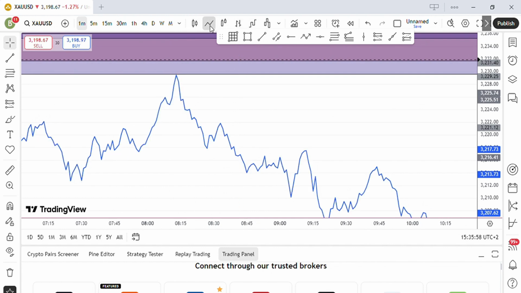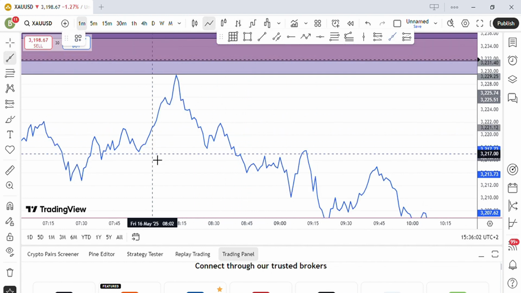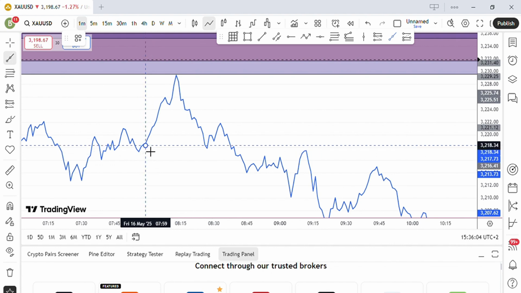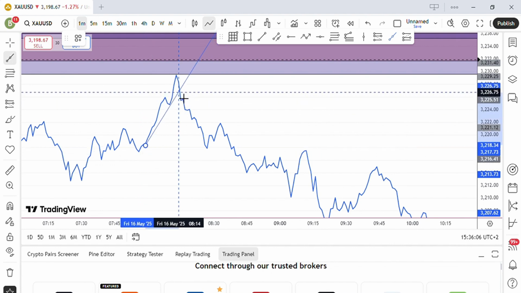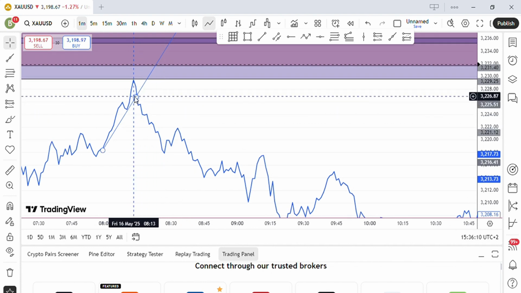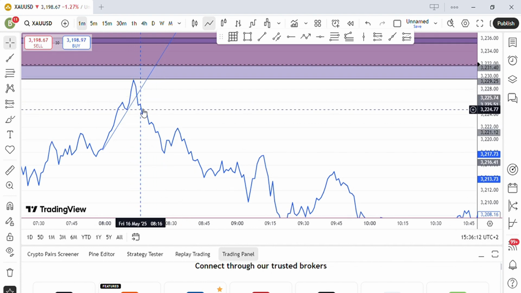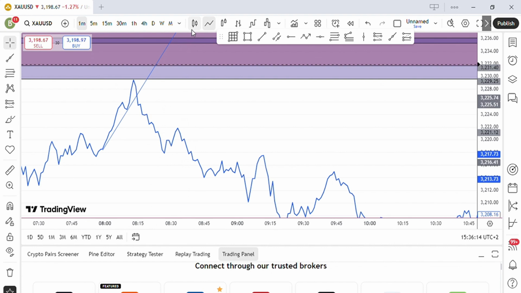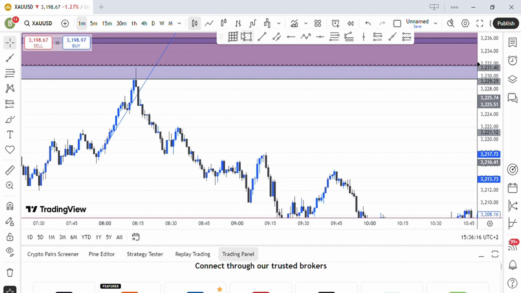Let's go to the 1 minute and pull out our trend line. Immediately when price broke this trend line, that's when we could have sold off.